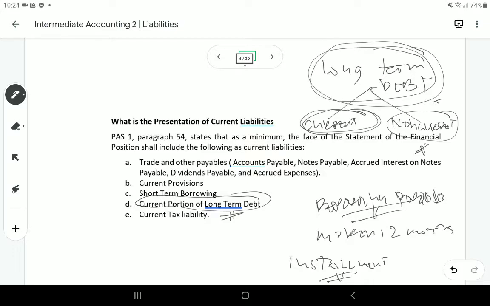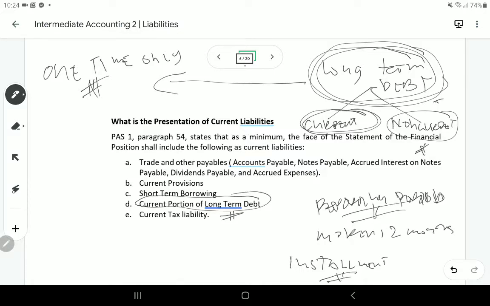However, the case is different if that long-term debt is to be paid one time only. If that is the case, as long as the term is not yet within 12 months after the reporting period, then that long-term debt should be presented fully as non-current liability.